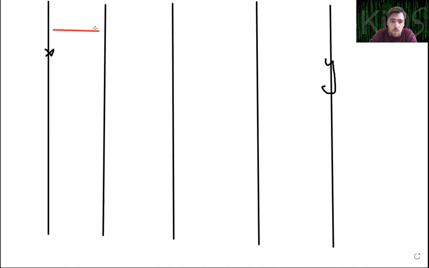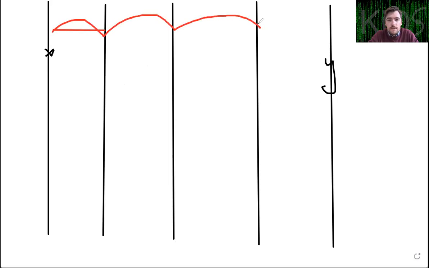The possible ways that we can go from x to y: I'm going to draw arrows. Let's draw 1, 2, 3, 4, 5, 6. So let's do n is equal to 6. That there is an example of one path that can get you from x to y in 6 steps.